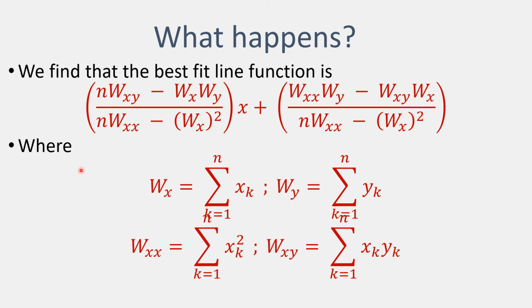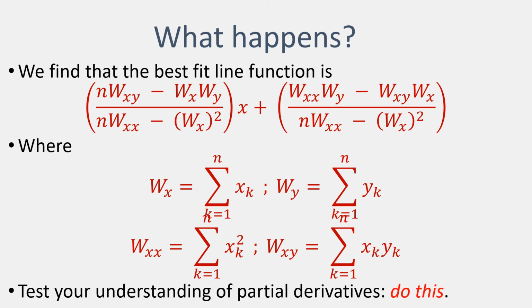We plug those terms into this expression. N here is the total number of data observation pairs, and this function turns out to be the best fit line function for our data. So this term gives the gradient of the line, this term gives the offset of the line.